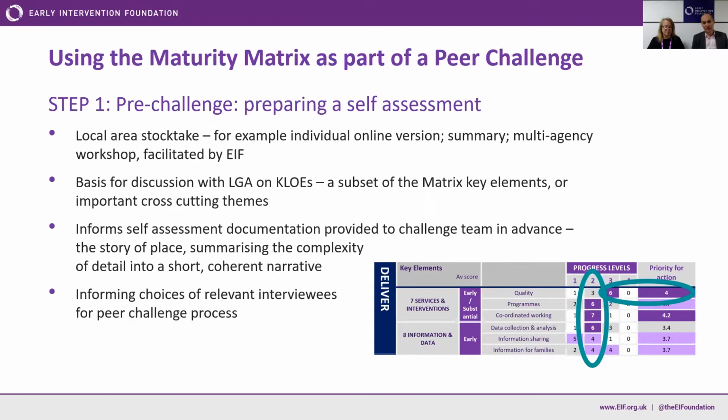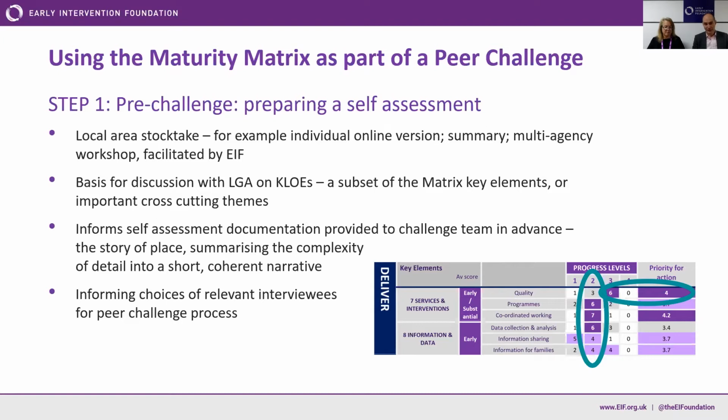So back to the process before the challenge starts. They've had their discussions with the LGA on key lines of inquiry. They then use the outcomes of their work on the matrix, including what comes out of their multi-agency workshop, to put together a short self-assessment document which they send to the challenge team in advance.